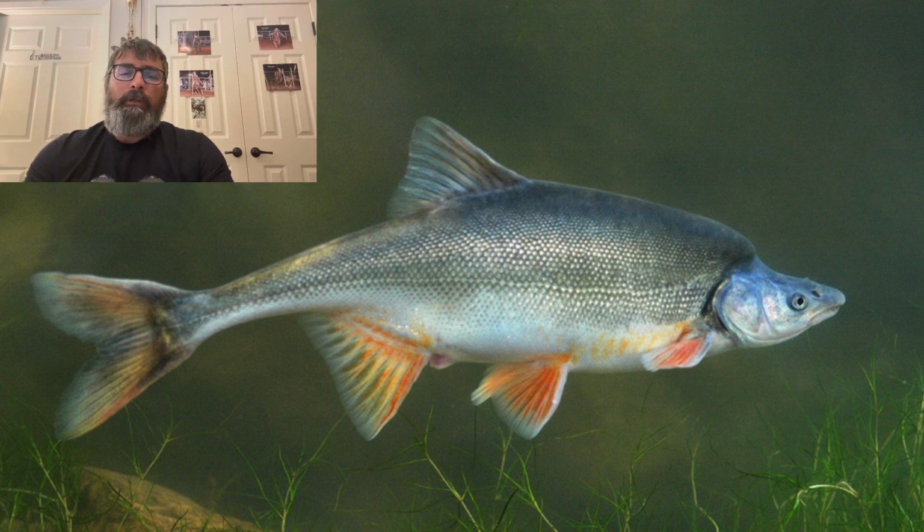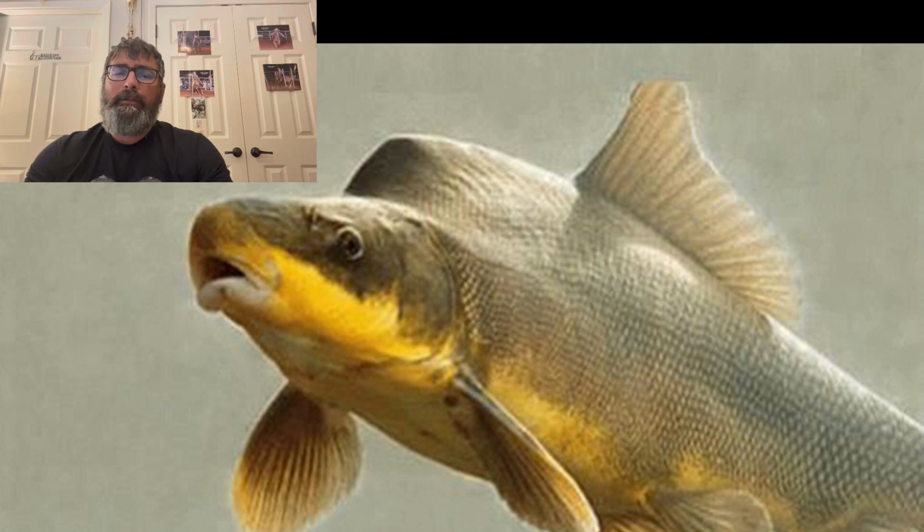The fish number 3, the common name is razorback sucker. Scientific name is Xyrauchen texanus. The razorback sucker is only native to the warm water portions of the Colorado River Basin in southwestern United States and is on the endangered species list now.